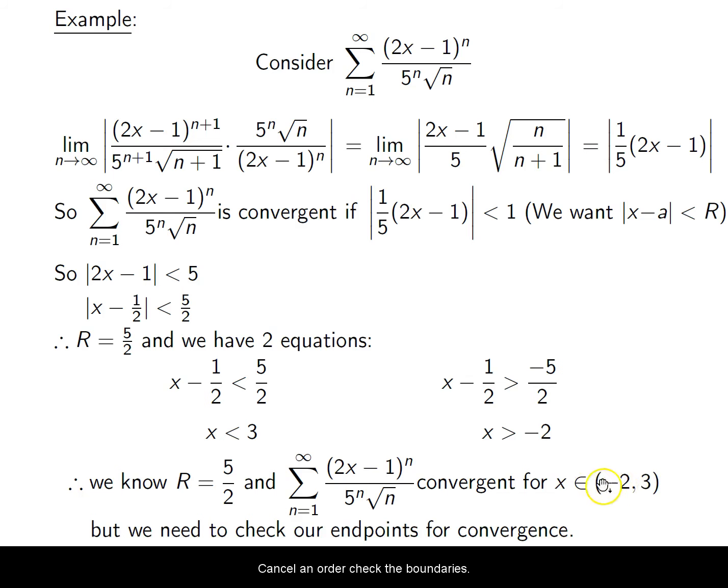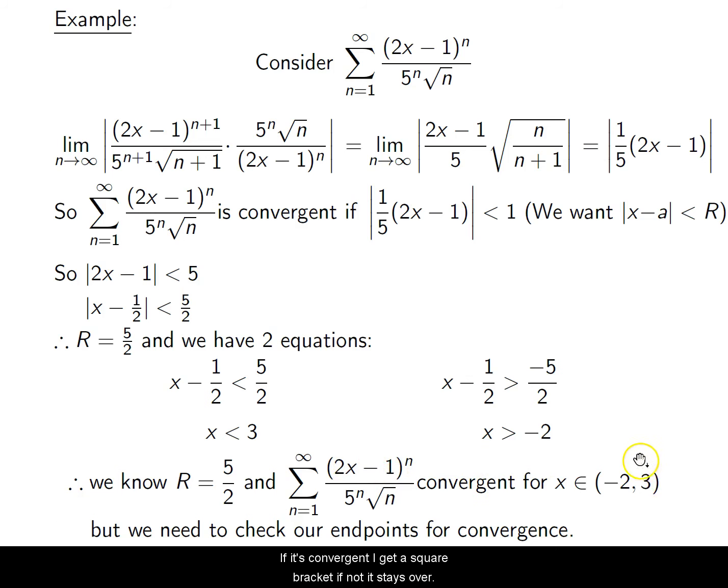Okay, so in order to check the boundaries, I'm going to start with x equals 3. So I look at what happens when x is 3. I take my series, I'm going to plug in 3, right? And then I'm going to see if the resulting series I get when I plug in 3 to my original series is convergent or not. If it's convergent, I get a square bracket.